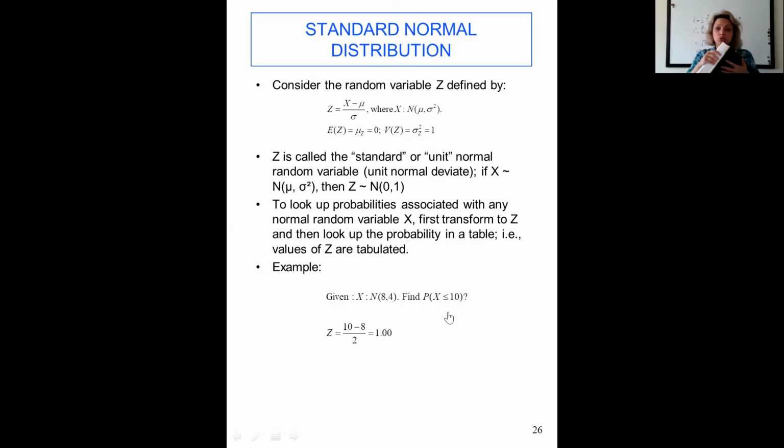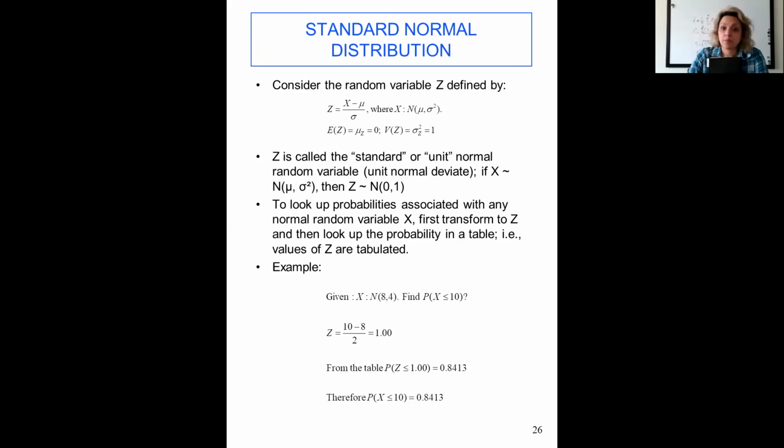First we need to transform 10 to Z. Consider that 10 is in English and you want to translate it to French; it has a different scale. So you would say (10 minus 8) divided by 2, so Z is going to be 1. And then from the Z table, we need to find the probability of Z less than or equal to 1.